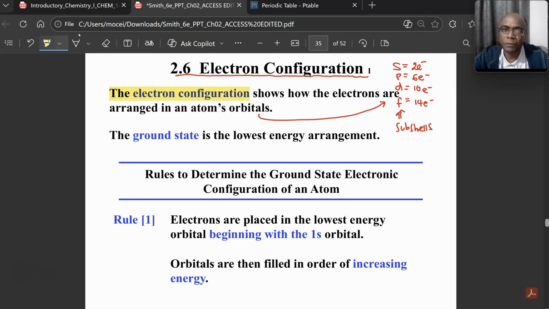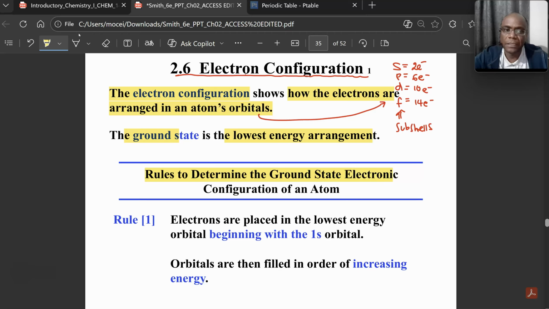So the electronic configuration shows how electrons are arranged in the atom's orbitals, and we know what orbitals are. It's just the spaces where electrons reside or live. The ground state is the lowest energy arrangement, like the best arrangement possible that it's likely to be found in nature in the structure of an atom.